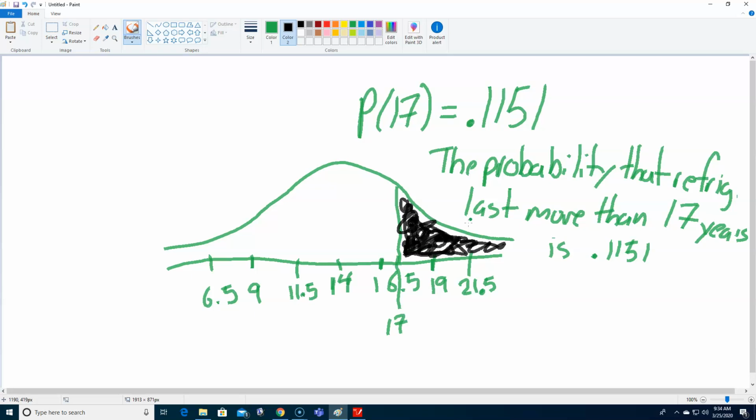Right? So we have the black side taken care of with this interpretation.